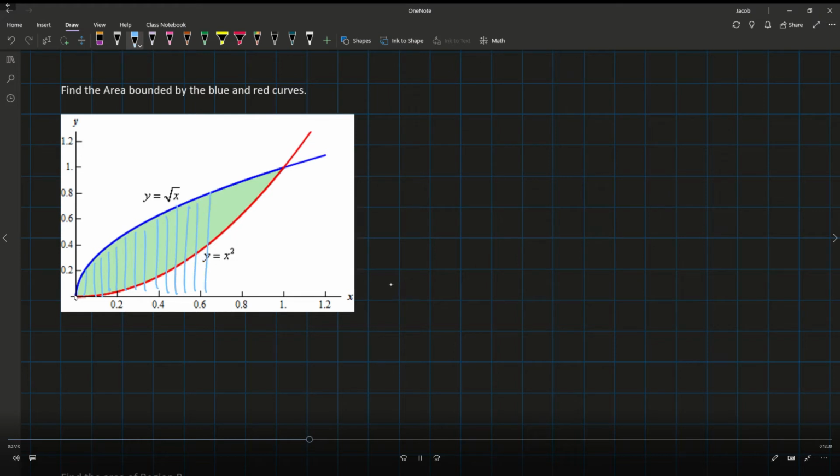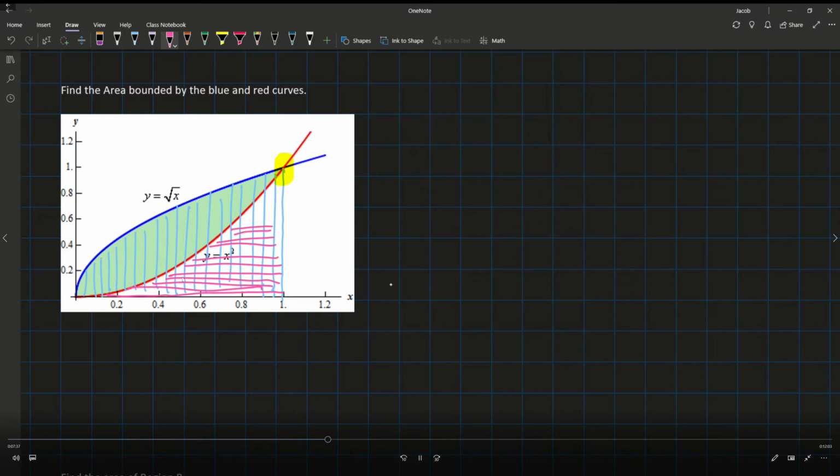But remember, the integral is the area under the curve. So the area under the blue curve, I'm going to represent with these vertical slashes. There's the intersection, and then I'm going to have some pink slashes that go horizontally that are going to represent the area under this red curve.